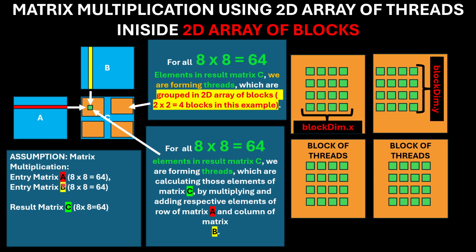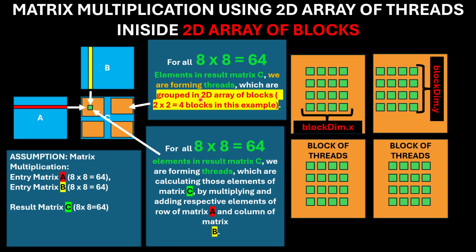We have input matrix A and input matrix B, both 8 times 8 with 64 elements, and the result matrix is C, and each element of C is formed in the standard way. One thread takes care of that multiplication and adding, and we use indexing and parallelization for easier and faster solving of this problem, maximizing the resources for the parallelization of these processes.